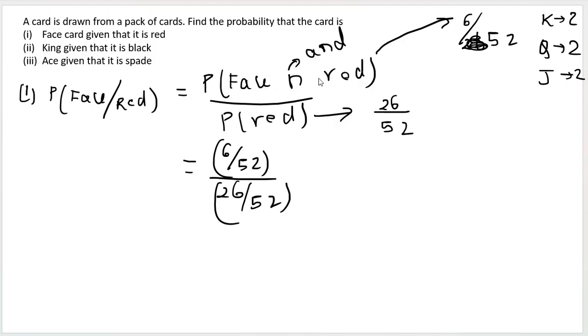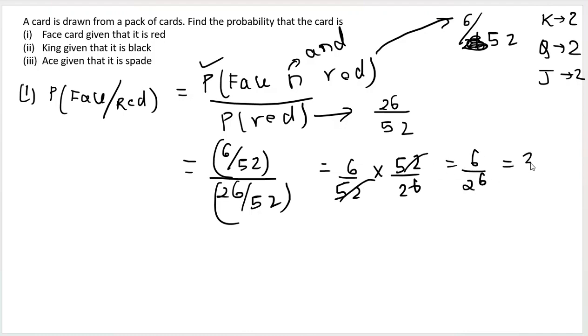Even here, face and red card, we are finding the probability, not the number, which is why we write it as a probability. So this will become 6 upon 52 upon 26 upon 52. This will get cancelled. We are left with 6 upon 26, which is 3 upon 13.